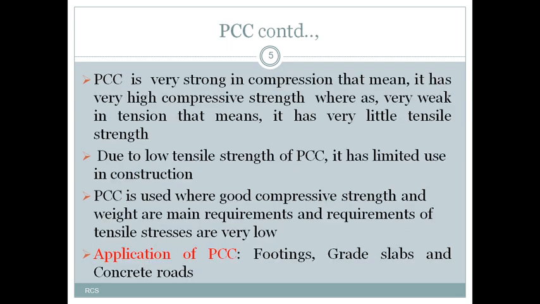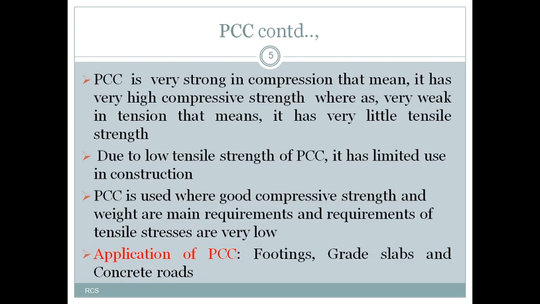If you cast a beam using PCC, and that beam is subjected to any loading, then the beam has two zones. Above the neutral axis, the zone is called the compression zone, and below the neutral axis, the zone is called the tension zone.